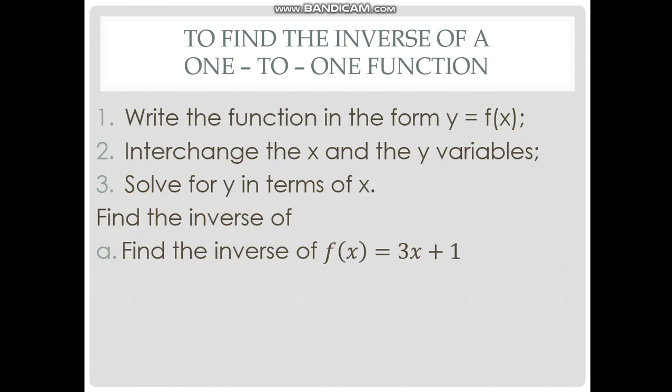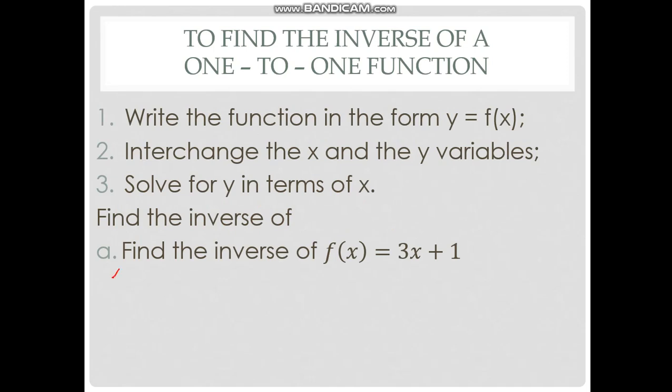Okay, we have here the steps in finding the inverse of a one-to-one function. So we have 3 steps. Number 1, write the function in the form y is equal to f of x. So for example, find the inverse of f of x equals 3x plus 1.